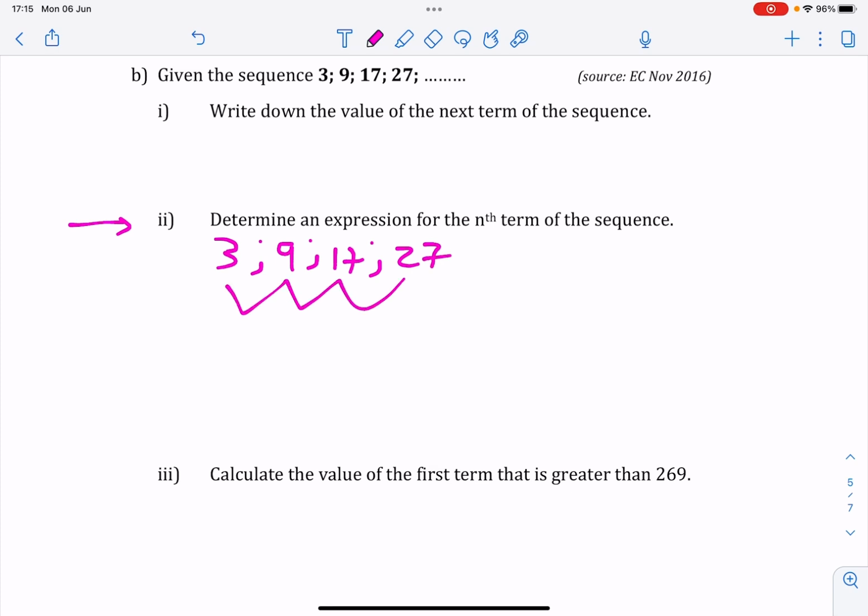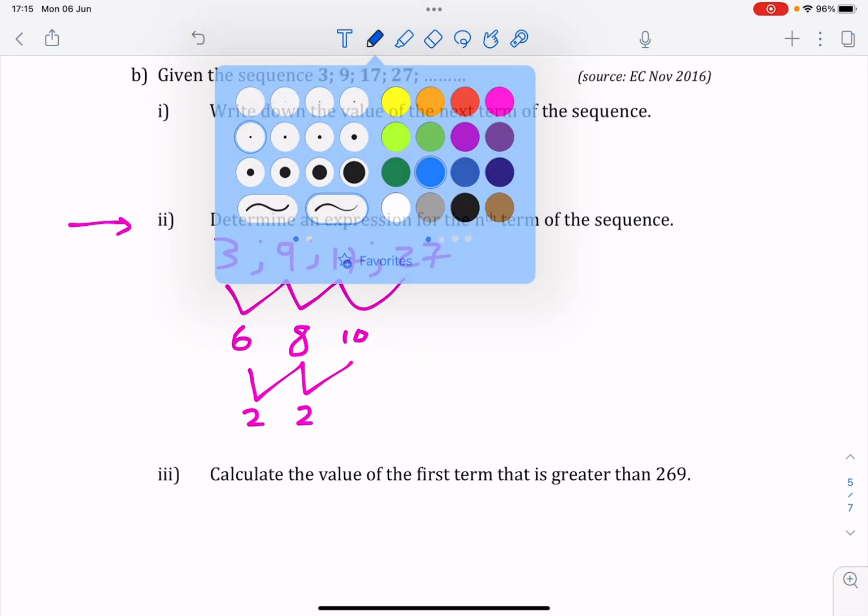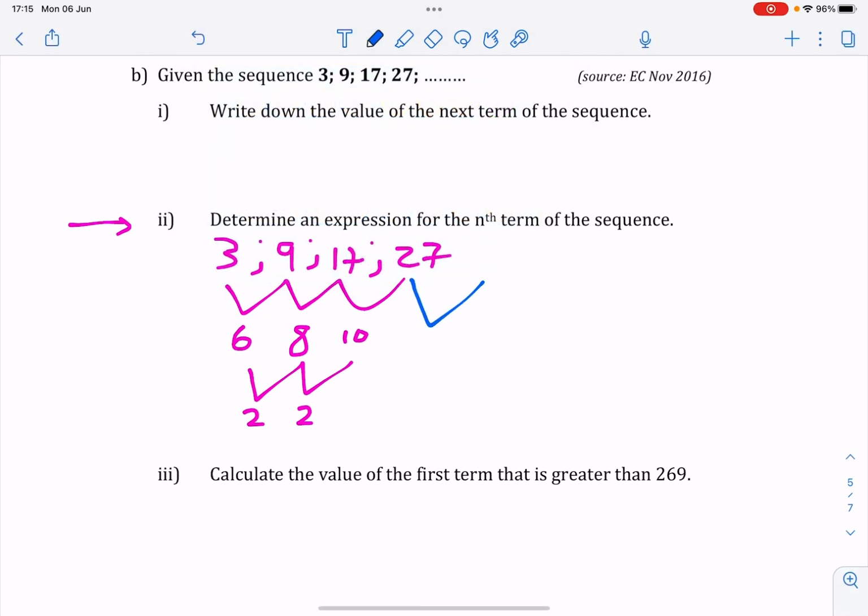9 minus 3 is 6. 17 minus 9 is 8. 27 minus 17 is 10. That's not constant, so we're hoping that this will be 8 minus 6 is 2. 10 minus 8 is 2, so that's constant. So in order to get the next two terms, I know that I'm going to be plussing 12 here.